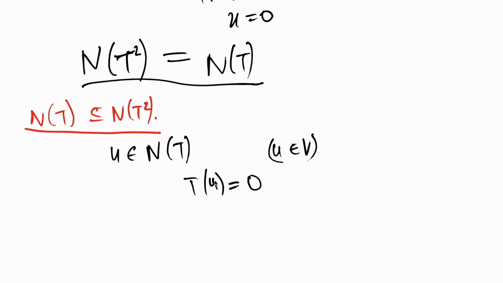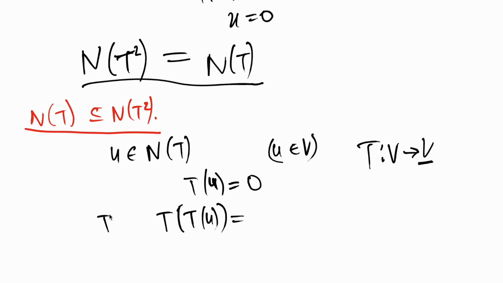So T of U is equal to 0, and T of U is, of course, in V. Therefore this operation, T composed T of U, is defined, right? Therefore T2 of U is defined, and T of U, this part, is 0. So we have T of 0, and T is a linear transformation, which means that T of 0 is equal to 0.